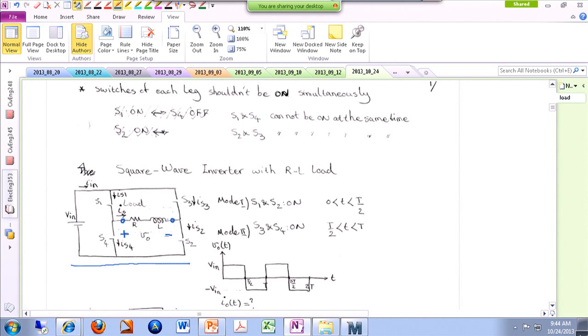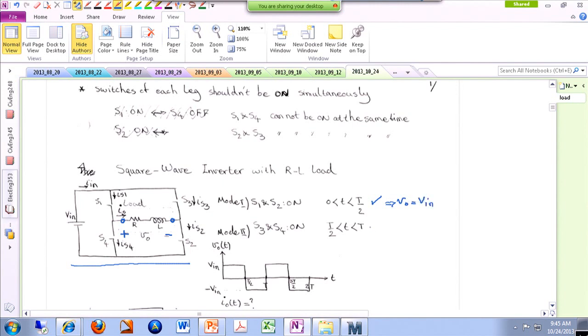All right. And the switches are the same, they are labeled the same. S1 and S2 are a pair, and then S3 and S4 are a pair. And as I explained, the switching scheme that we are using is in mode 1, or the first half of the period, we turn S1 and S2 on, and therefore Vout is the same as Vin.